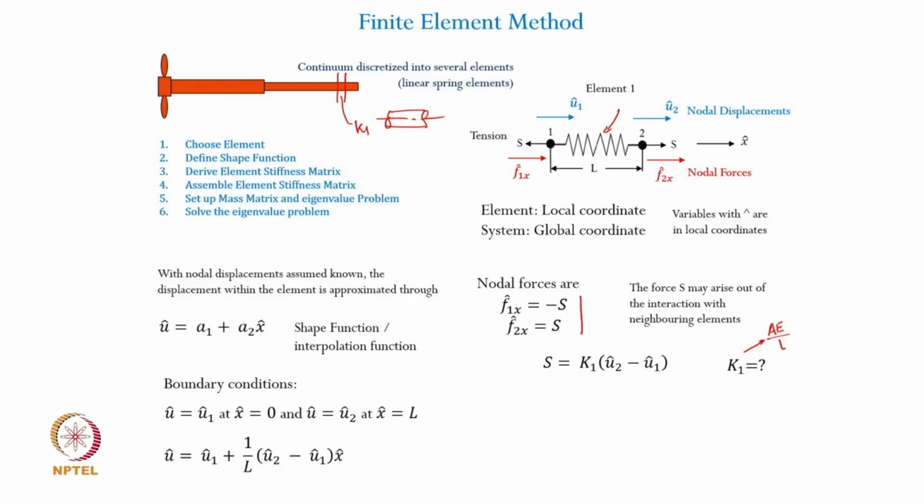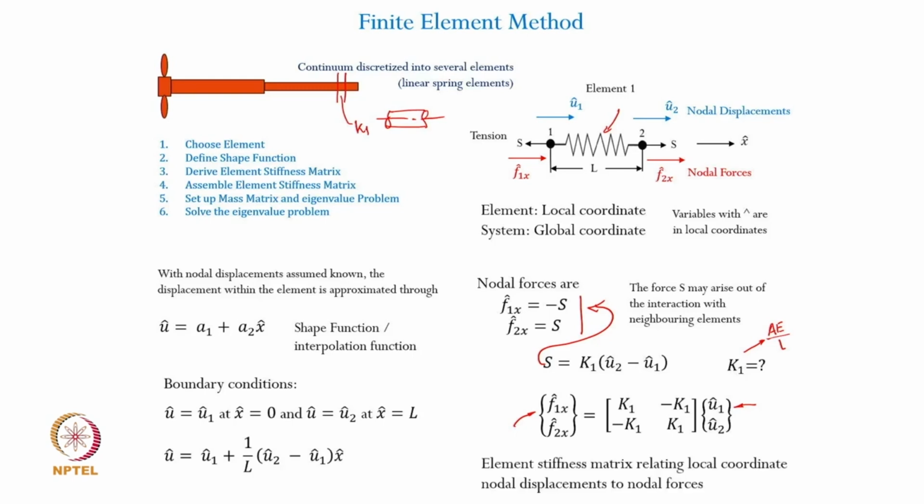Once this K1 is known, you now have a relationship established between the set of nodal forces with the set of nodal displacements. You can show that once I substitute this S into these two equations, I will have two equations, one in F1x and one in F2x, and that in the matrix form would look like what you see here. So, what is this equation?